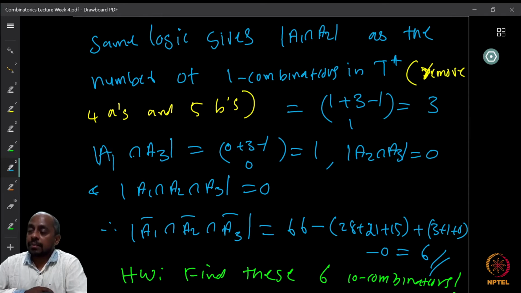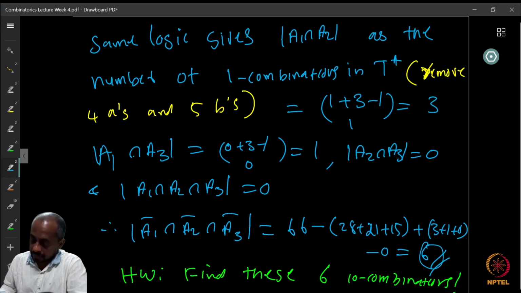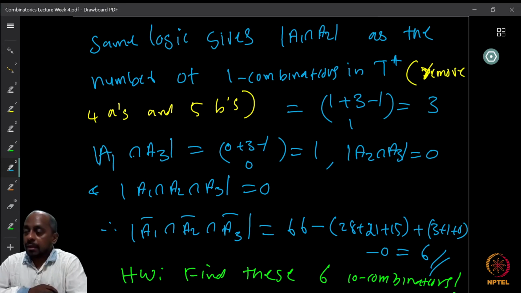So we have calculated all these things, and therefore we can directly apply the formula. Which is cardinality of S, which is 66, minus the summation of cardinalities of AIs, and then AI intersection AJ, I mean A1 intersection A2, etc. So that is going to give you the answer 6, as we just saw here.